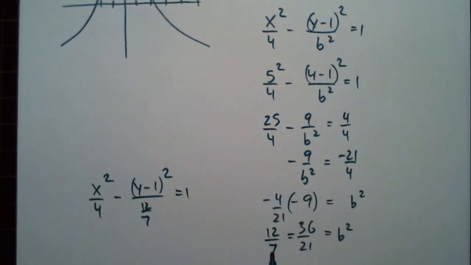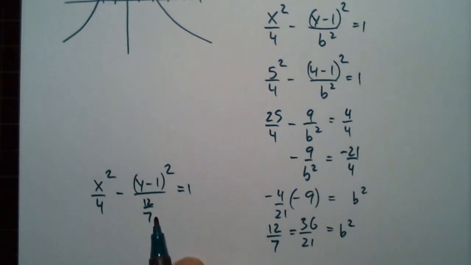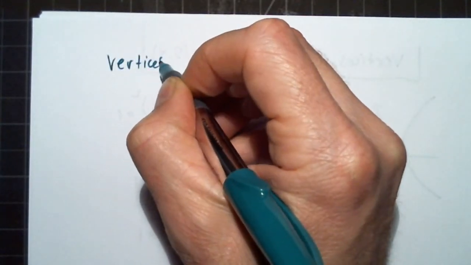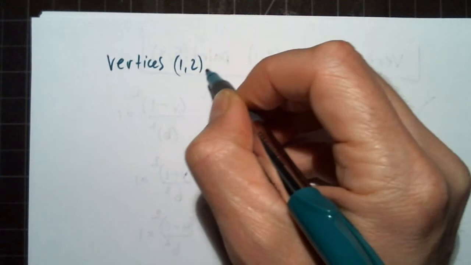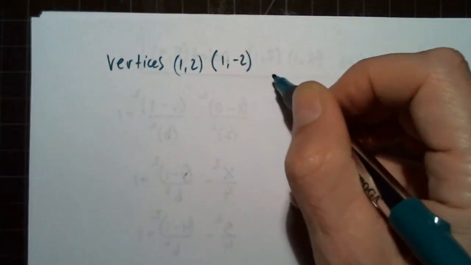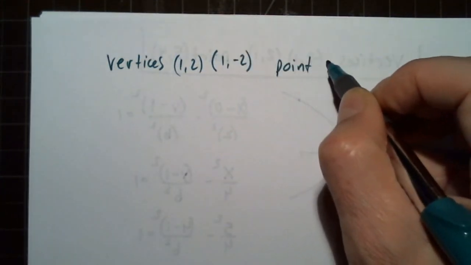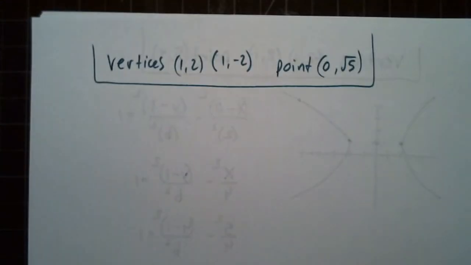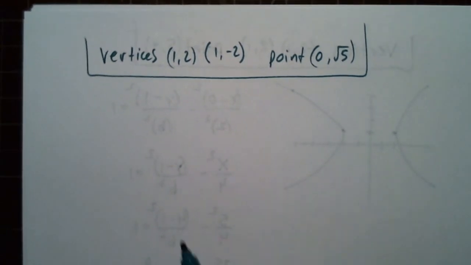So b squared is 12 over 7, and we just write that as the denominator. Alright, pause the video and try that one.